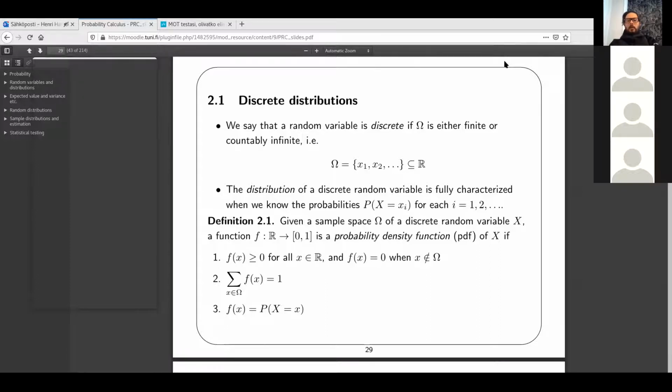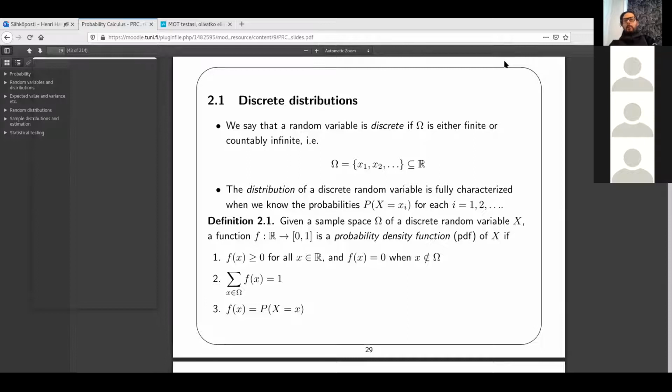So the sum of all values within the sample space, taking the function and adding those numbers together, is 1. And for each particular value x, f(x) is actually equal to the probability of the random variable having the outcome of this x, lowercase x in this case.